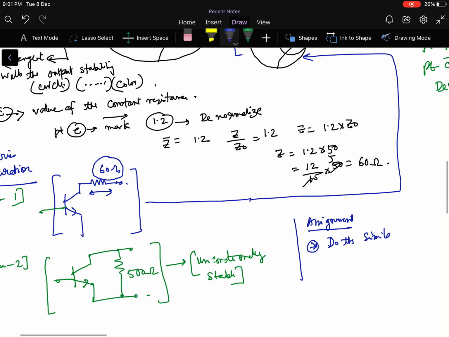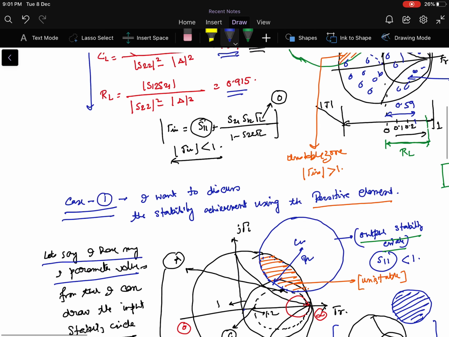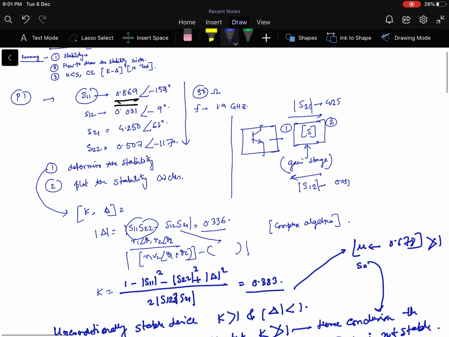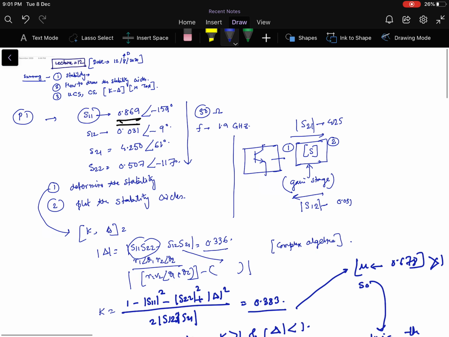do a similar study for a particular example. You can take whatever I have taken here, the gallium nitride HEMT process.